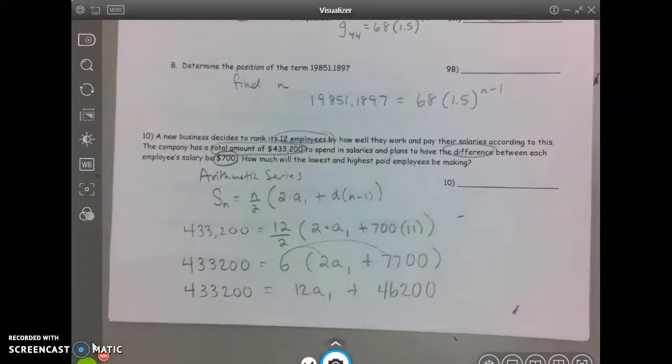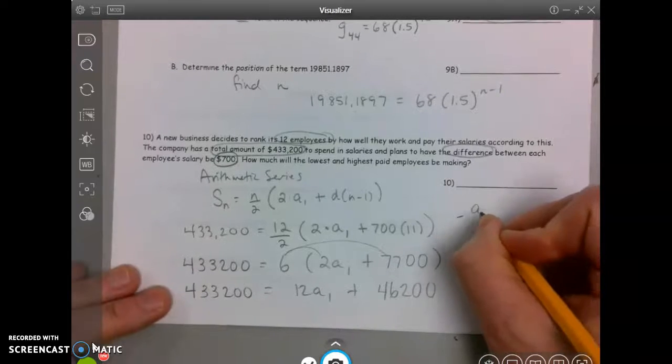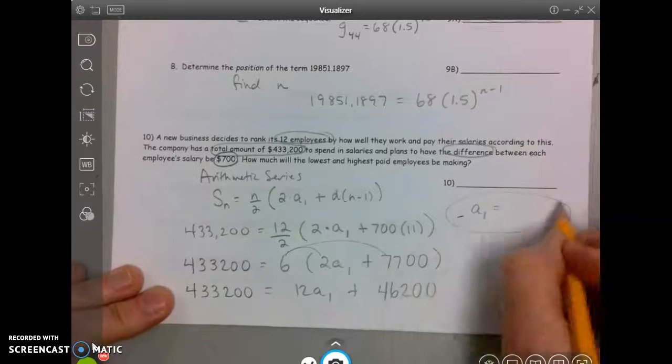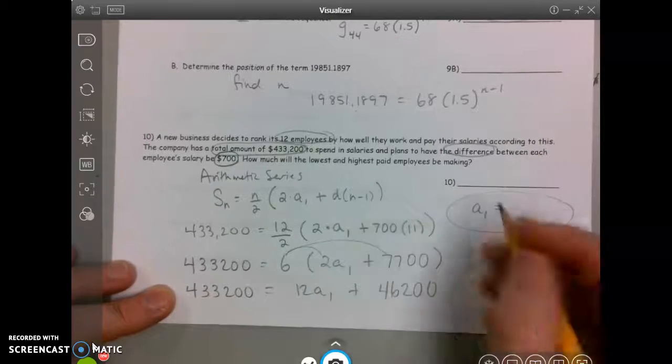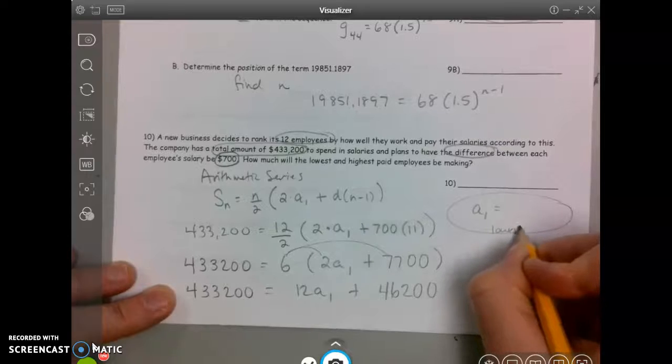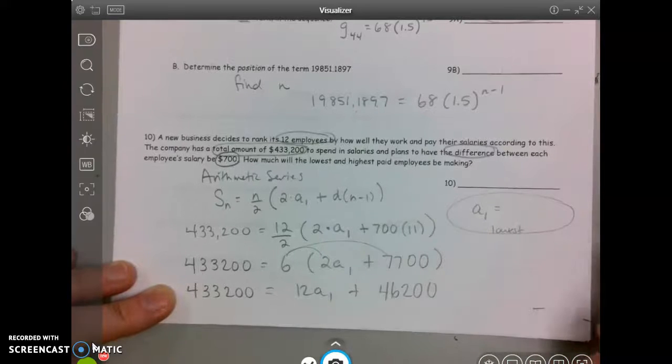And I'm going to let you guys solve that the rest of the way for the first term. Once you find that first term, you know that that's the lowest salary. And then you can use your formula to find the highest salary.